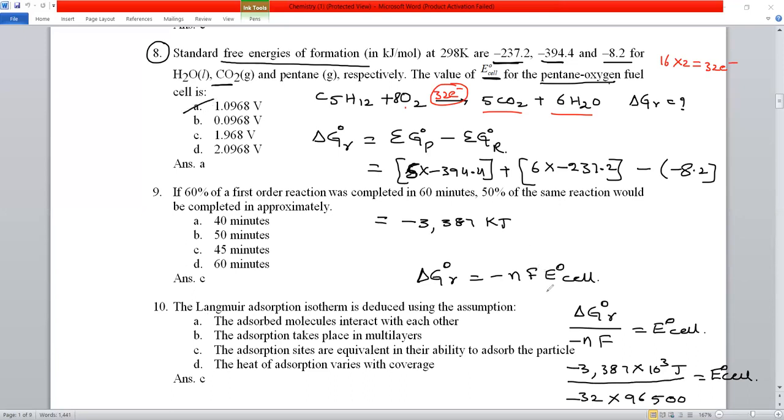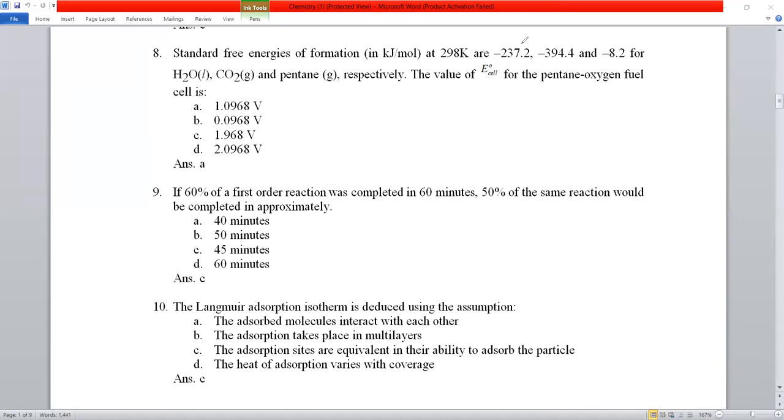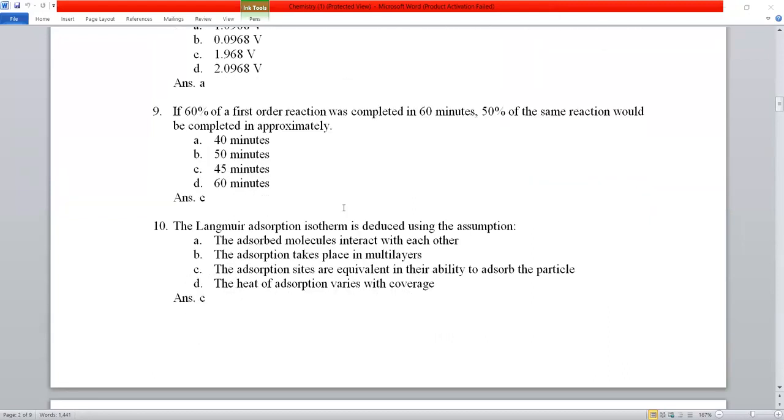Okay, this is the method. This much long process is there, students. So the chapter thermodynamics as well as electrochemistry are involved; it is an interlinked question. Next, question number 9.